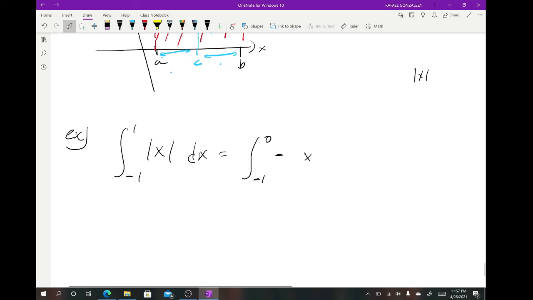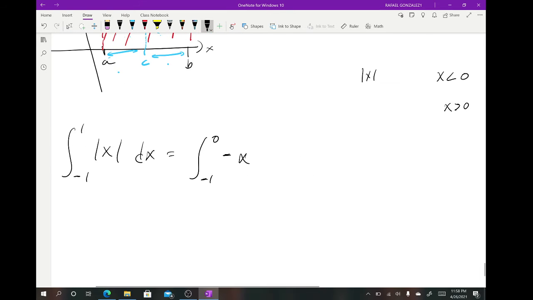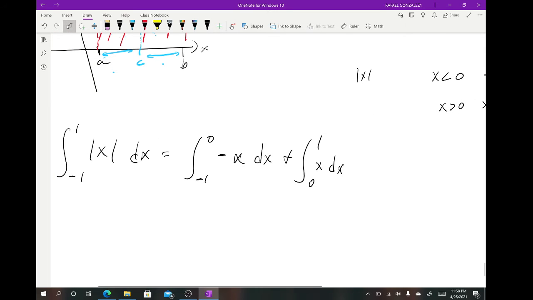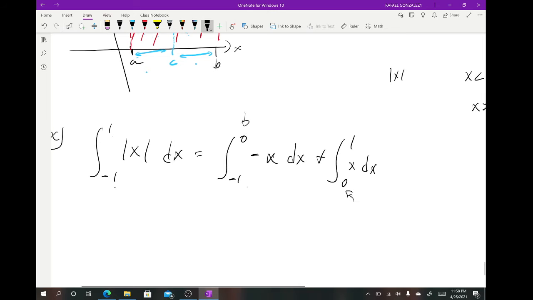In any case, so that's where I'm getting this minus x from this top piece, dx, plus the integral from 0 to 1 of x dx. So what I'm doing is, instead of going from -1 to 1, I'm going from -1 to a middle value, which is in this case 0, and then I'm splitting the integral into two pieces.